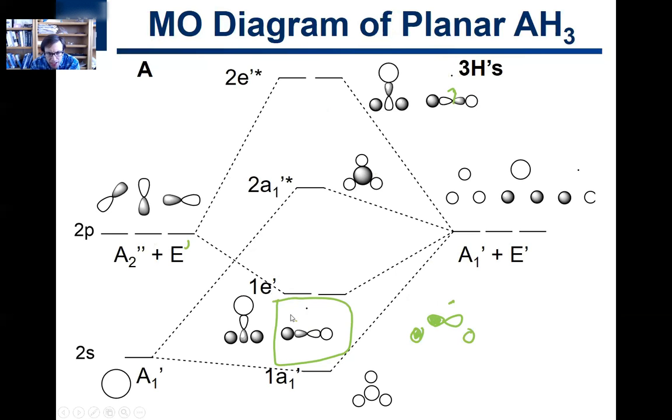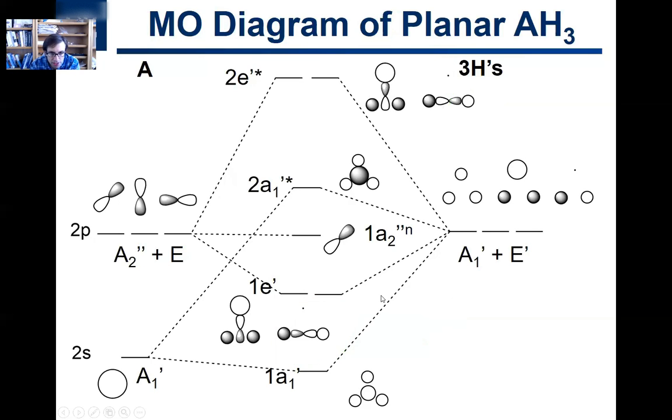But anyway, so these are constructive. These, I just flipped the shading on the p's to make them anti-bonding. And so you're going to get E prime and you're going to get E prime star there. What's left is just A2 double prime. That's going to be non-bonding, so I put an n. So that's a p orbital going in and out of the paper.